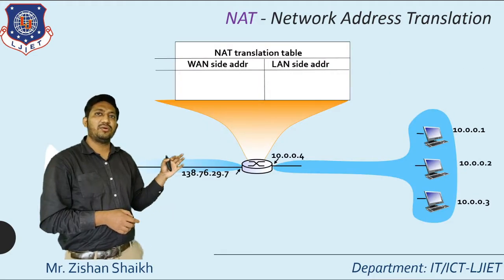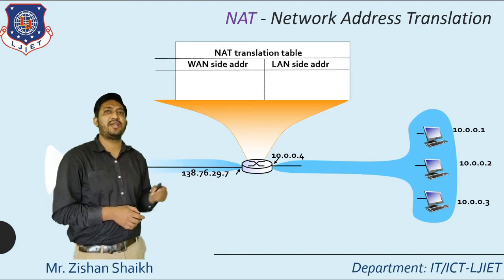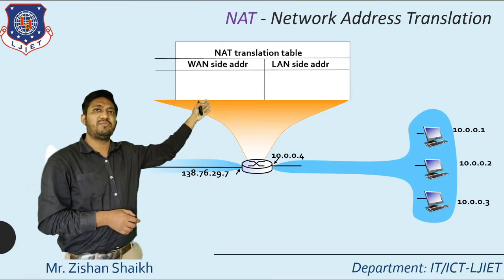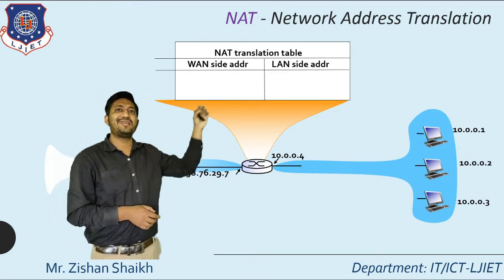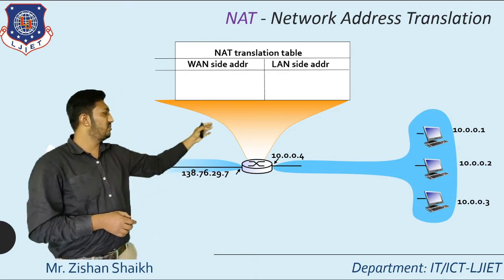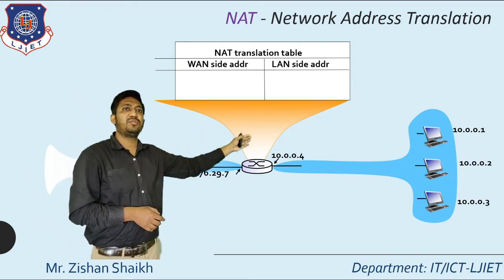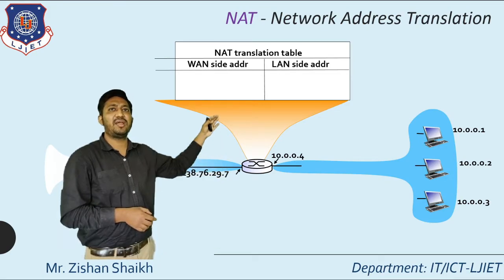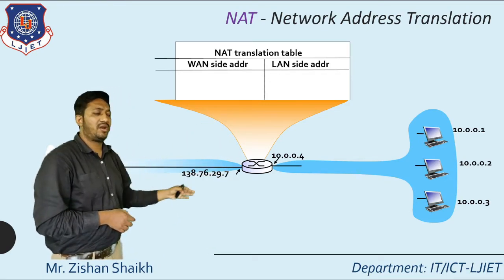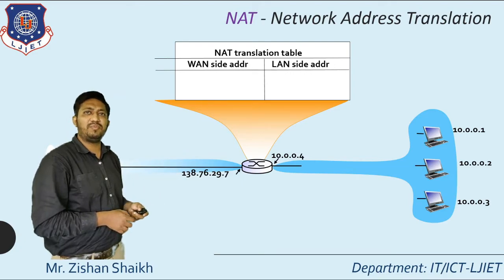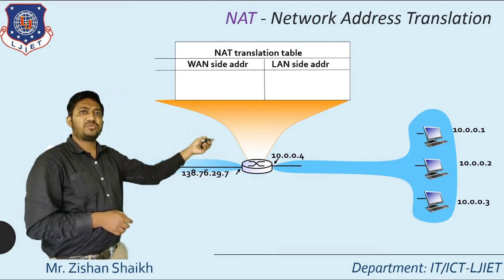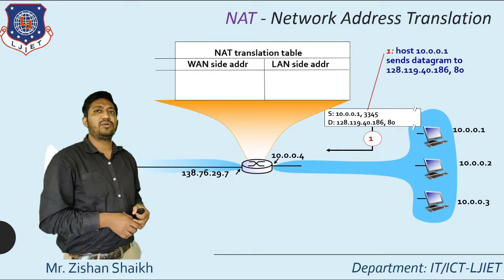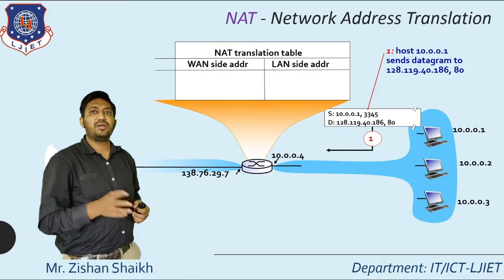Now let's understand all these three steps with the help of this animation. NAT has a wide area network side, which is the public IP address, and our LAN side address. According to this figure, we have three components here. One router is available with the NAT implementation, and this is the rest of the world which uses our public IP. Now suppose one device with IP address 10.0.0.1 wants to communicate with the internet.